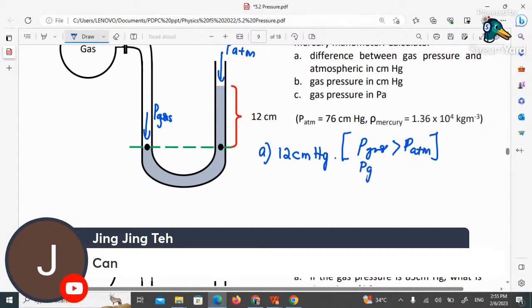So we can say P gas minus atmospheric pressure, and we get 12 centimeter.